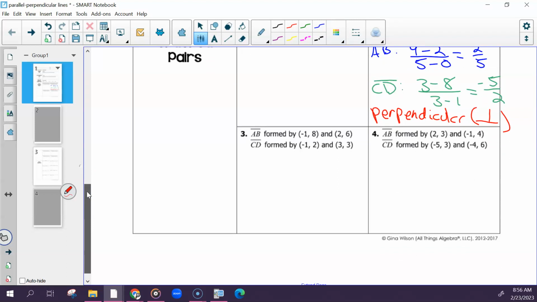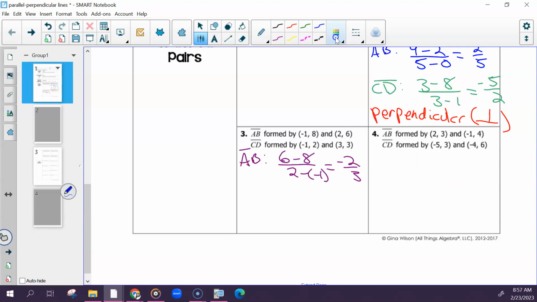Then let's do number 3. Your slope for AB would be 6 minus 8 over 2 minus a negative 1. What would that slope be? Negative 2 over positive 3.